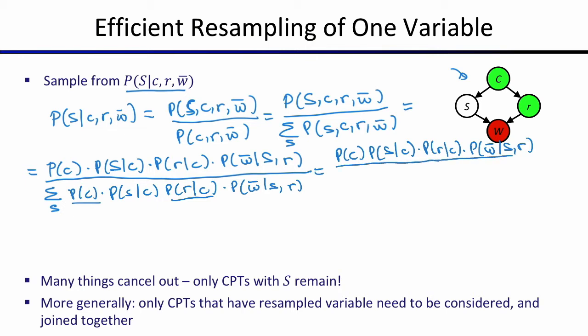This is going to be divided by the probability of c, the probability of r given c, and this sum over s, the probability of s given c, and the probability of not w given s and r. Good. And now we can cancel.